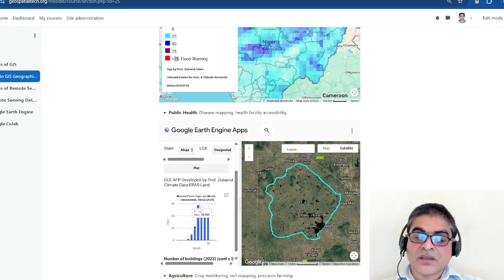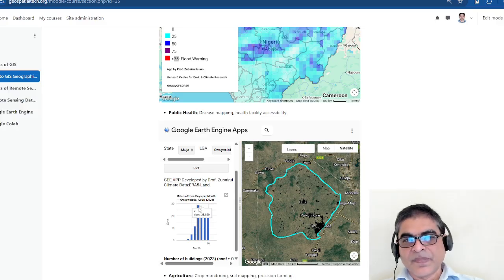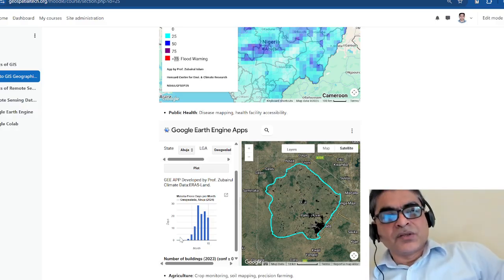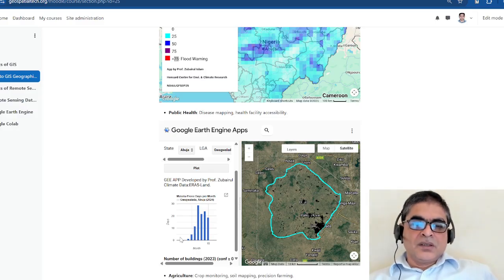These malaria days are estimated based on mosquito breeding climatic conditions: when the temperature is between this and this, when rainfall is there, and wind speed is suitable, then that will be counted as malaria may be there. But in January, February, March there are no malaria days, because there is no rainfall in these months. So this is the way we can predict.